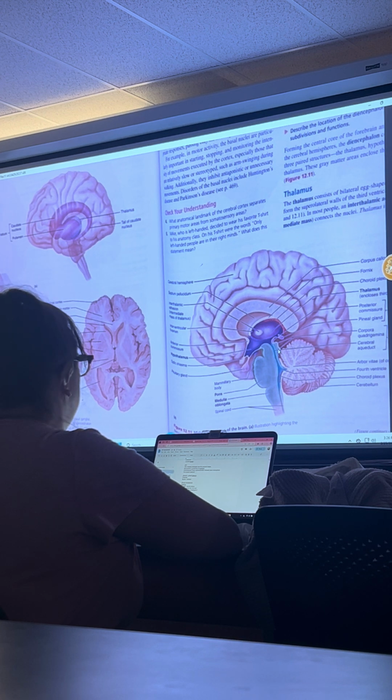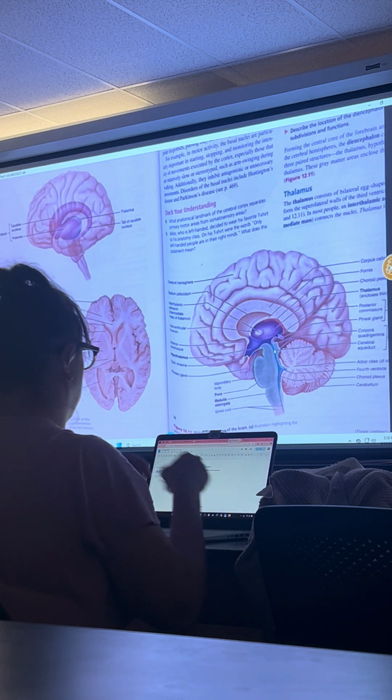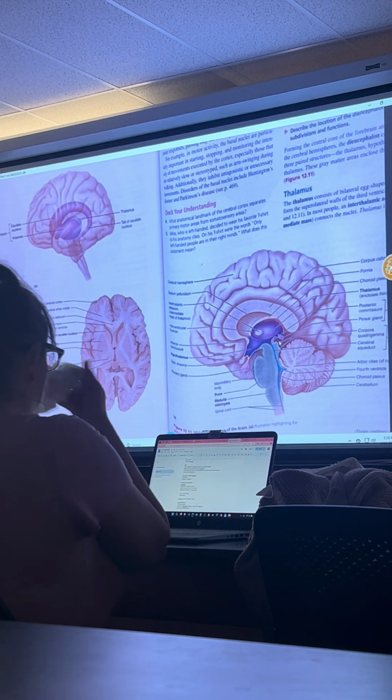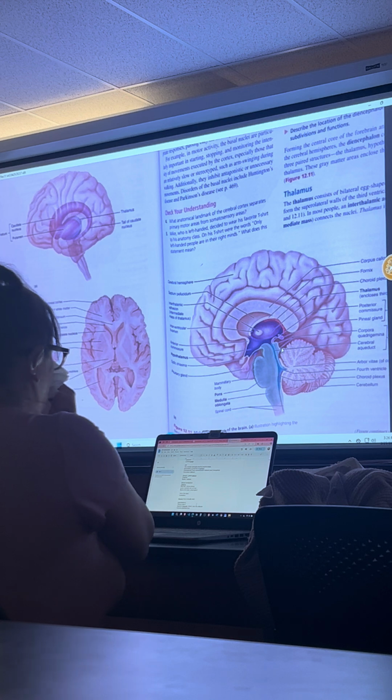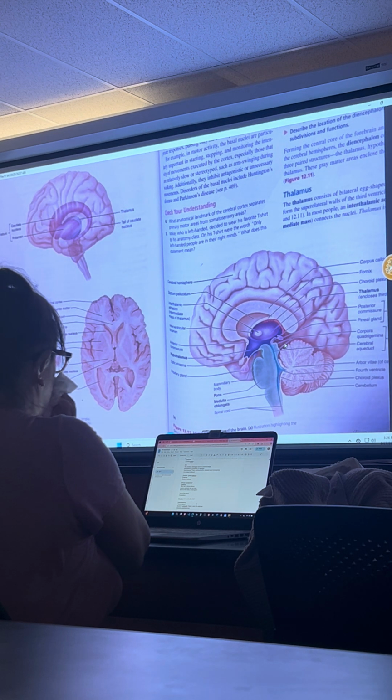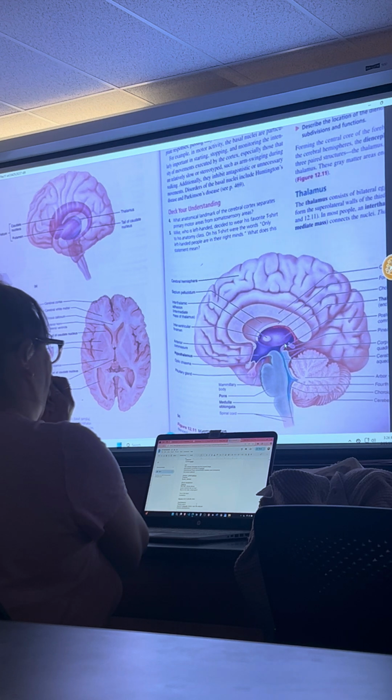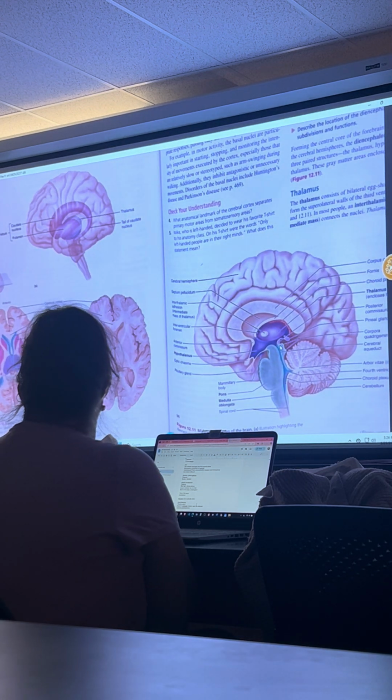And this is what part of the brainstem? Midbrain. So midbrain has these 4 bumps on the posterior side, and they are the corpora quadrigemina, or the colliculi. 2 superior colliculi, 2 inferior colliculi. Okay? Any questions? What was their function? I didn't get into it.